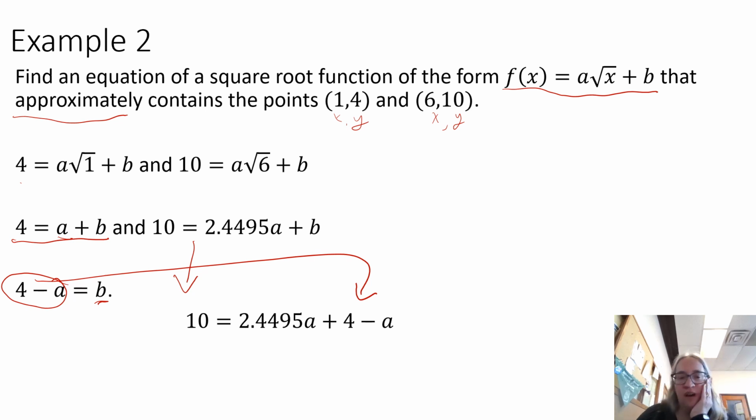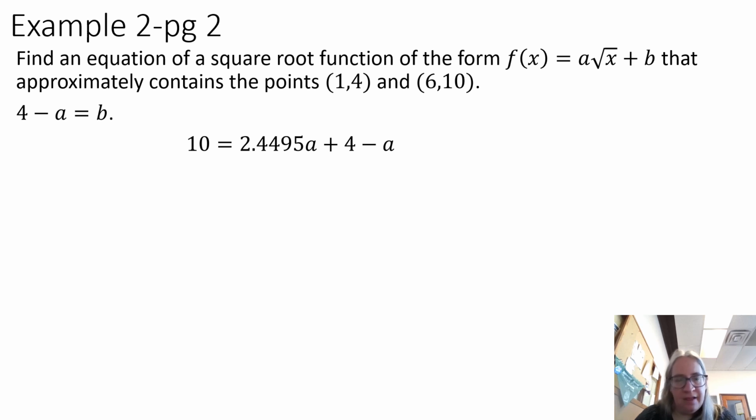So now I have to solve this equation for a. So I copied it over so I'd have some more space. These are the last two lines in the previous slide. Okay, so the first thing I'm going to do is combine like terms. So I have 2.4495a minus 1a, so that'll give me 1.4495a.